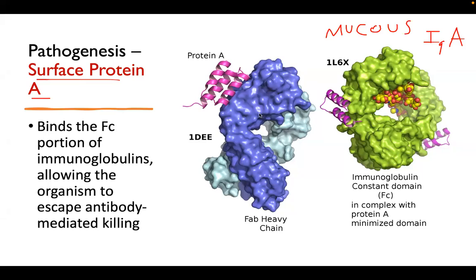So please remember that. Where does the surface protein A of Staphylococcus aureus bind to again? Let's hear it from you. It is the Fc. So please take note of that.